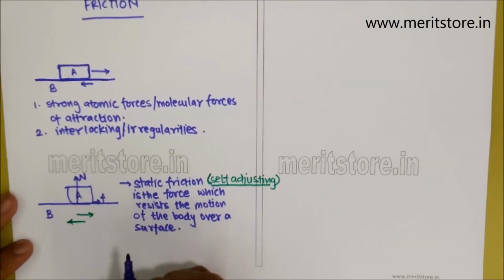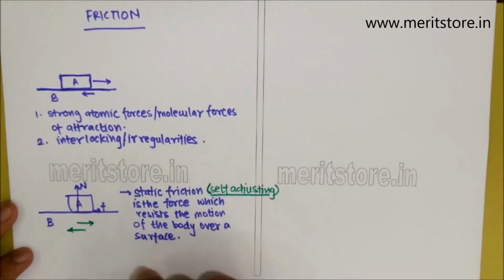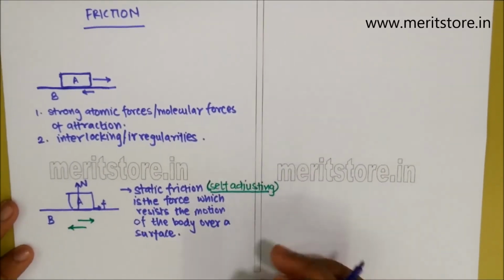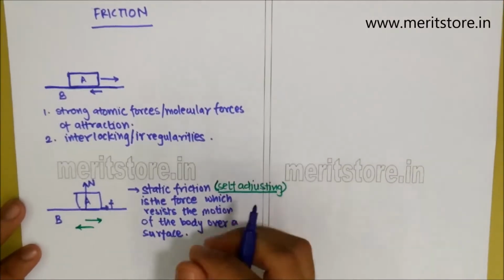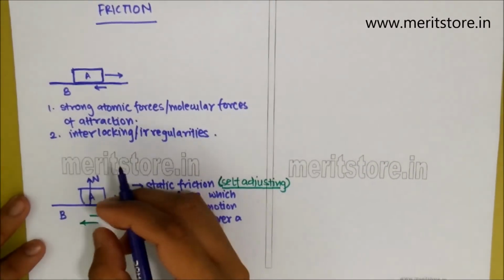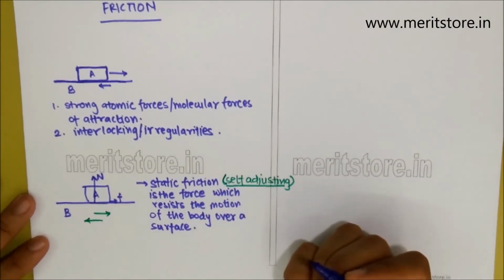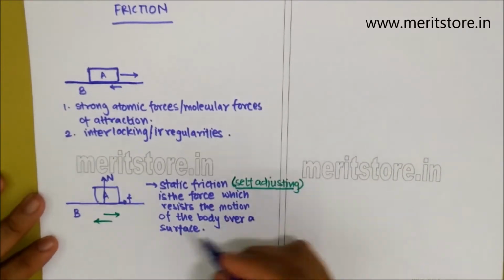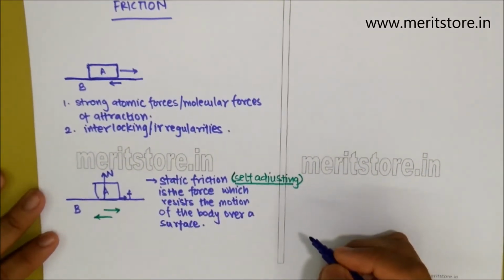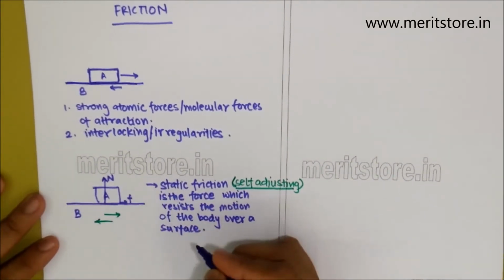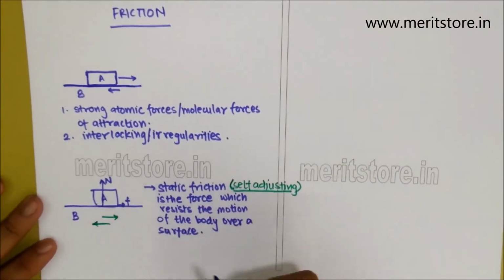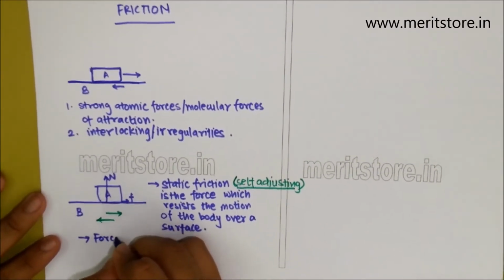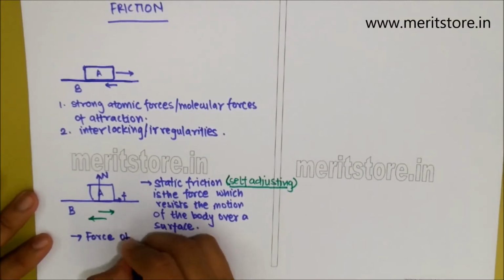So basically, when we're trying to move body A over body B, the first force which acts on body A is the static friction, which opposes the movement of body A. So body A will try to overcome this force of static friction, and once it has overcome the limiting force of static friction, body A will move over body B. And as body A is moving over body B, the motion of body A will still be restricted by a force known as the force of kinetic friction.